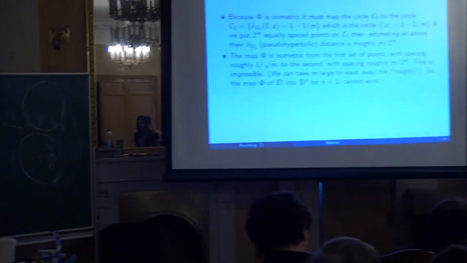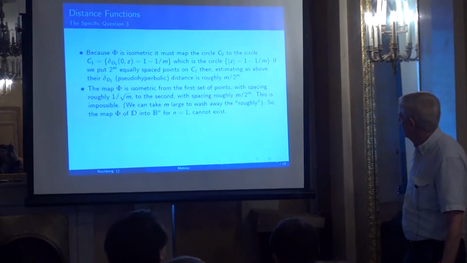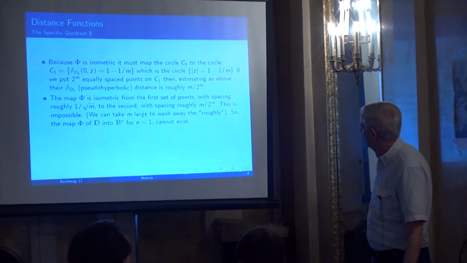Well, that's only the case n equals 1. But if you want to push further, you can see the same general pattern is going to work, except that you don't have such a clear geometry with circles.